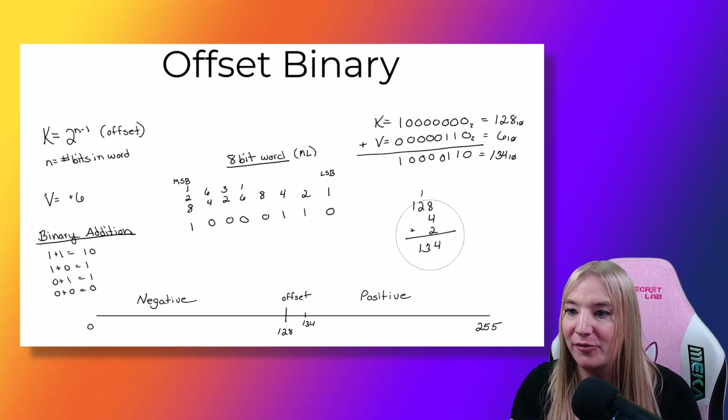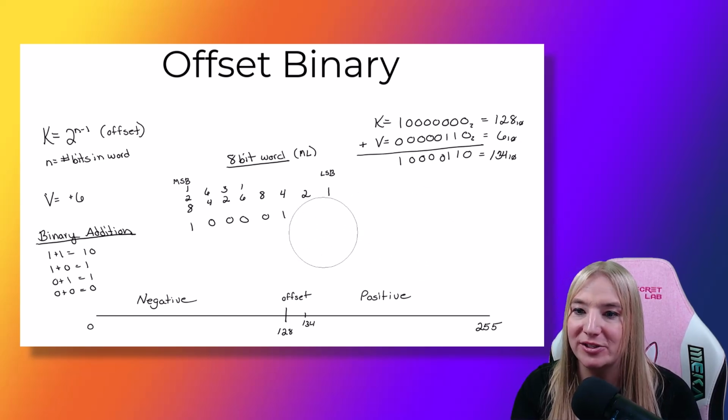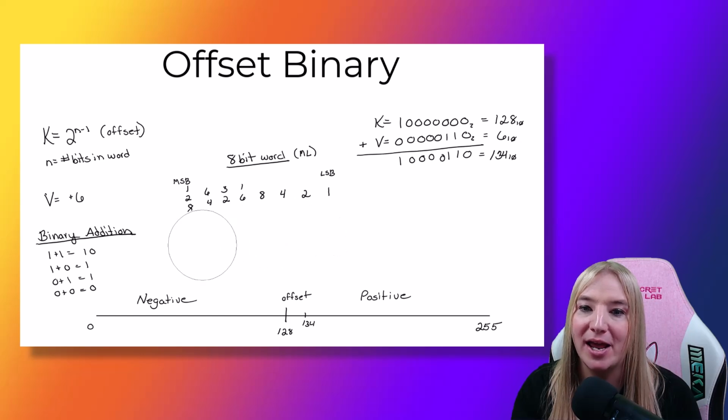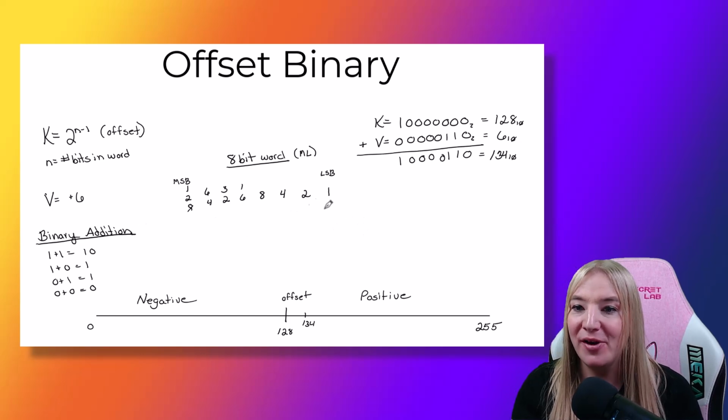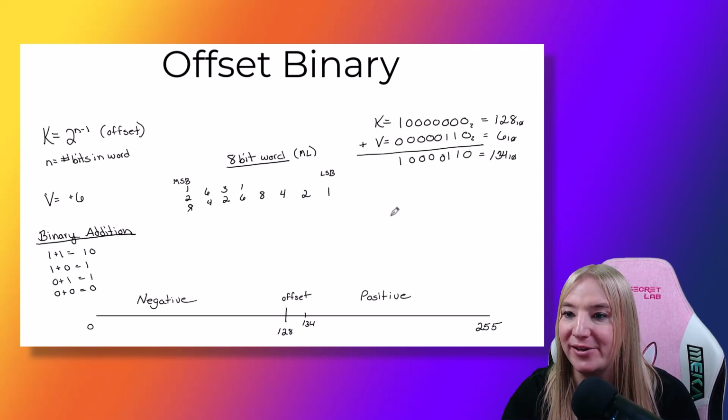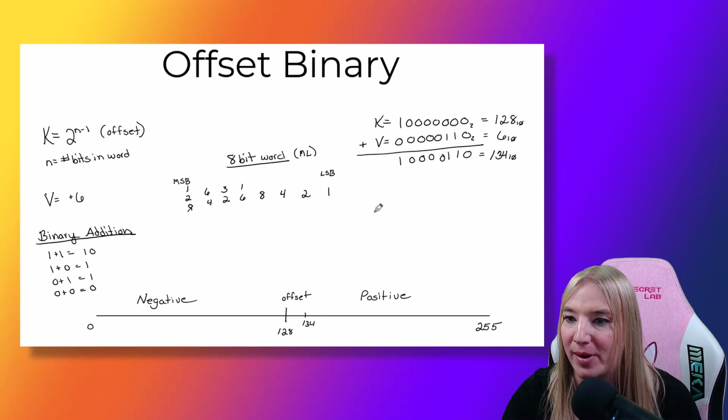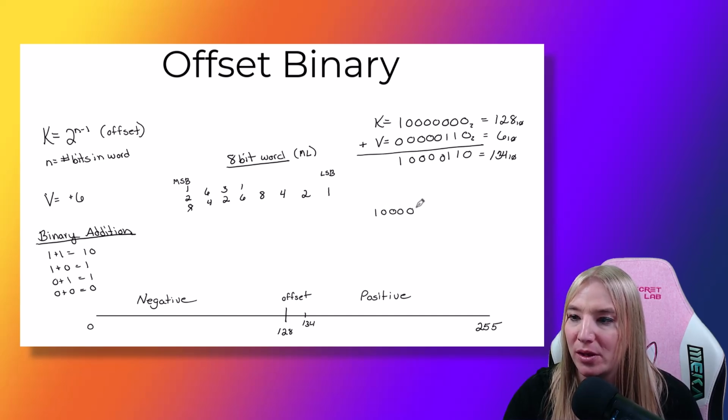So that's the positive number. Now if I was going to read this, let's erase some of this here without taking out my number line. If I received this number, and all I see is these bits here and I know this is offset binary, what do I do with this exactly? So this is my binary value.